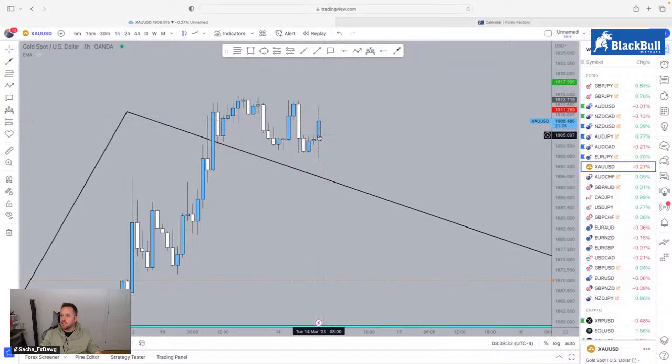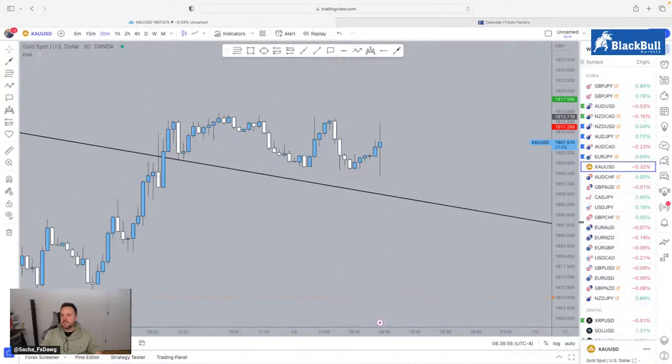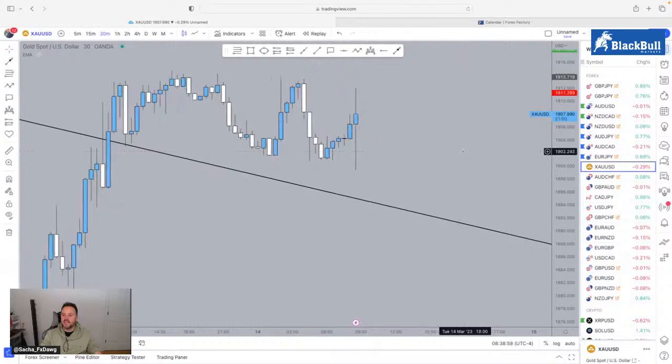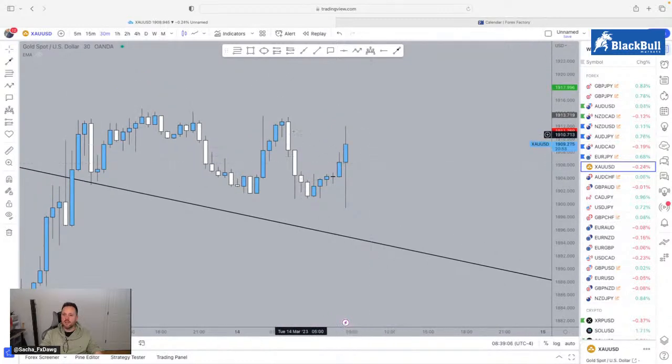It wasn't crazy. Put it this way, from here it went like 60 pips down and 50 pips up. Nothing crazy. I saw way worse than that. So it was pretty quiet for CPI, honestly.